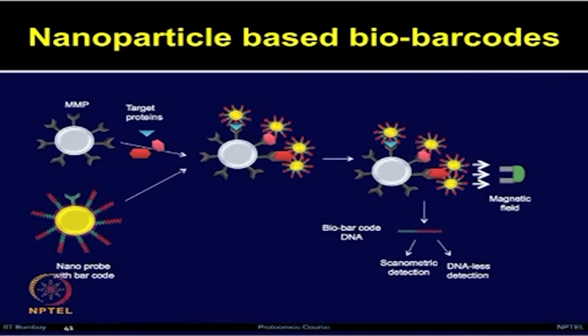These are magnetically separated, the oligonucleotides dehybridized and then sequenced to identify the protein of interest.